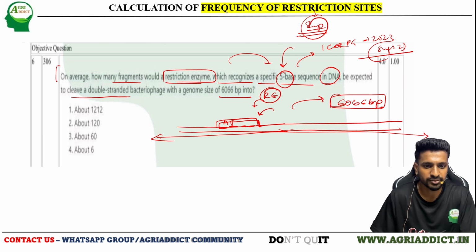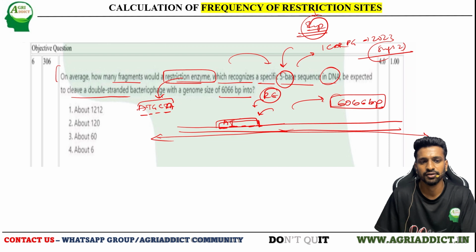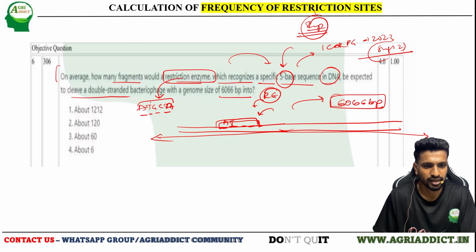For example, these are the 5 base sequences that you can see. Let us assume that the restriction enzyme can recognize these 5 base sequences, and wherever these sequences are found, it can make the cuts.